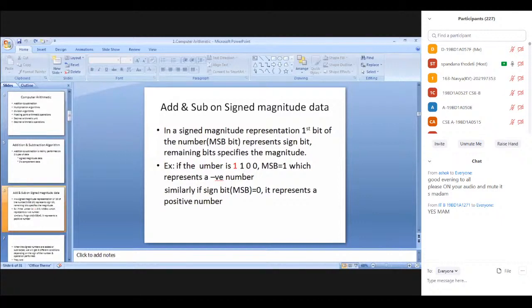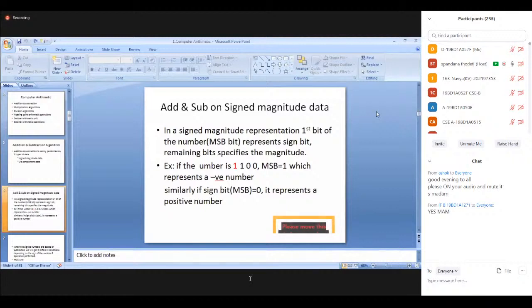That means in case of signed magnitude representation, you need to specify the sign bit of the number explicitly, right? So a 1-bit flip-flop we are using to store the sign of a number.